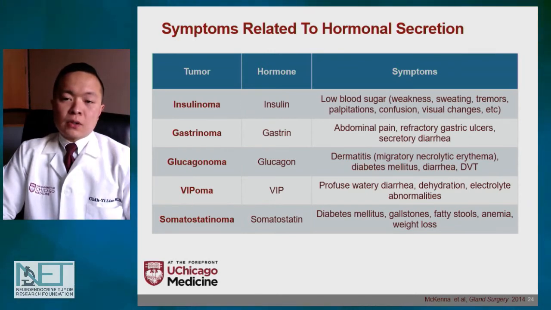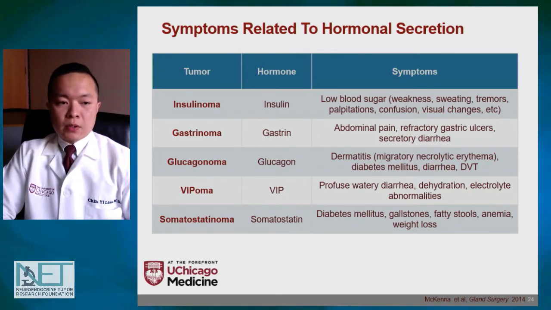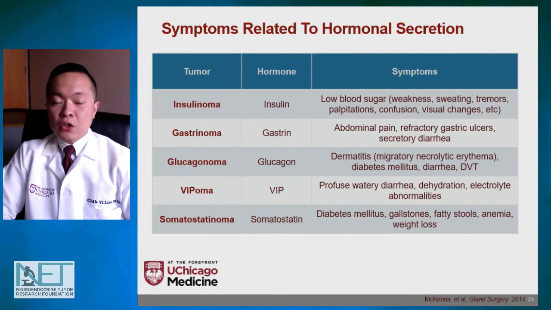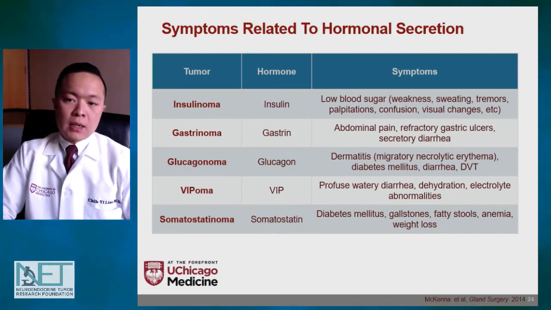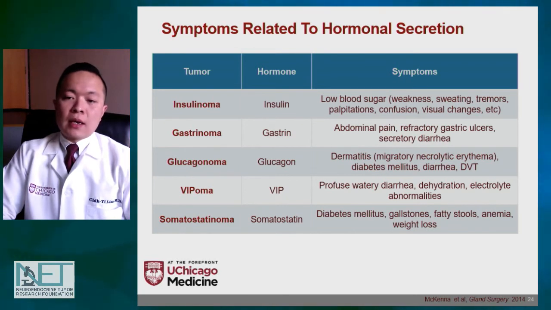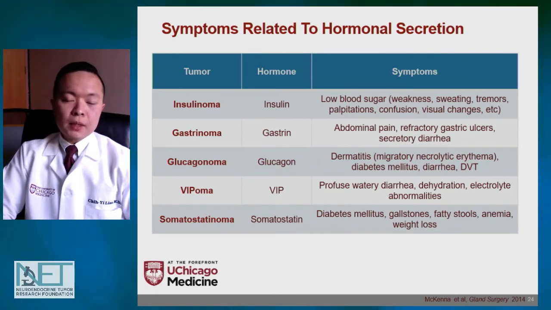Neuroendocrine tumors also cause symptoms by the hormones that they secrete. Here are some examples. Patients with insulinomas can have symptoms of low blood sugar such as weakness, sweating, tremors, palpitations, and so on. Patients with gastrinomas can have abdominal pain, refractory stomach ulcers, and a secretory diarrhea.